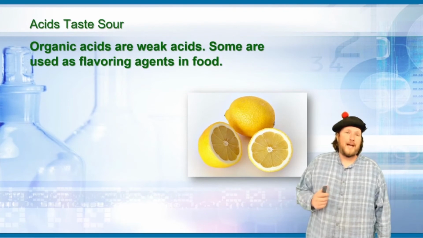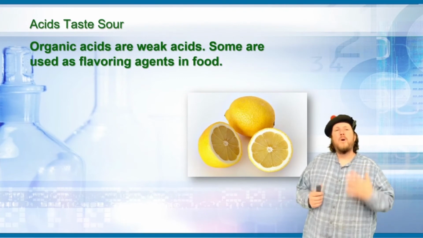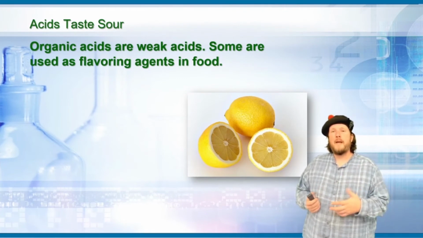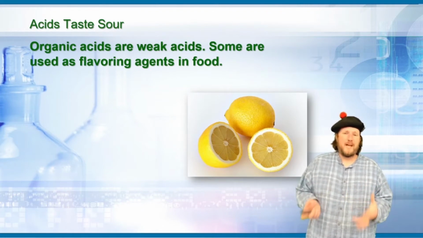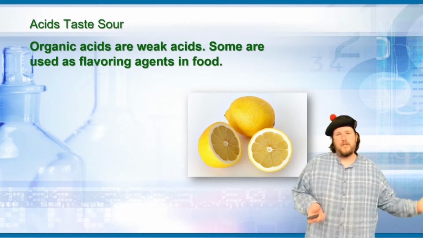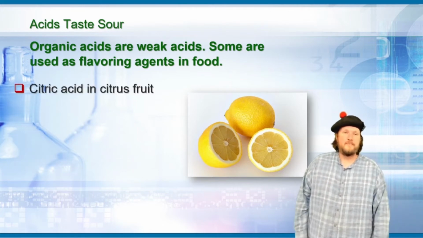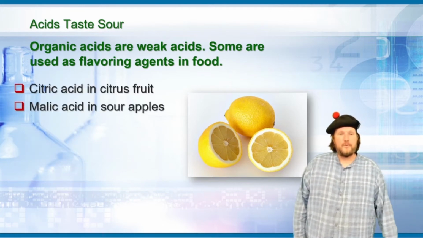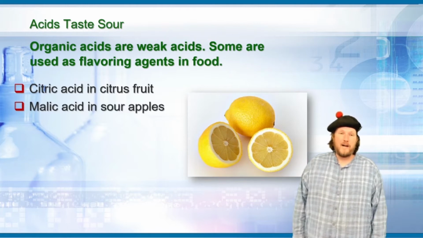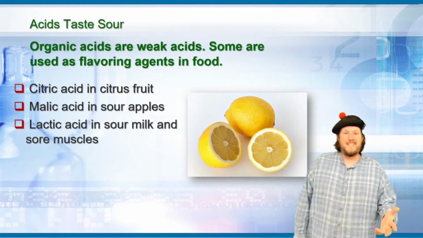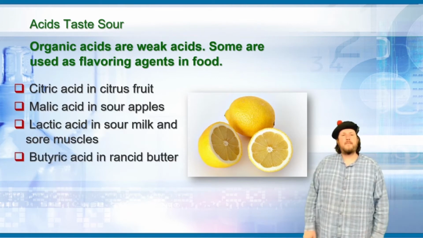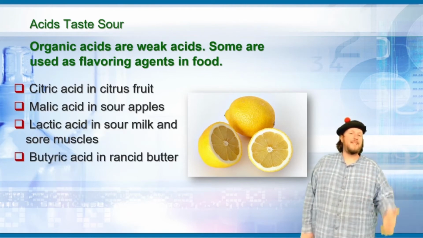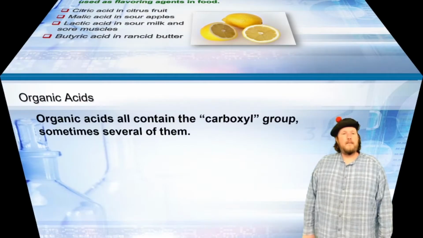Acids taste sour. Organic acids are weak acids, and a lot are used as flavoring agents in food, but they're also naturally occurring in things like lemons, oranges, and most fruits. Citric acid is in citrus fruit, malic acid is in sour apples, lactic acid is in sour milk, and butyric acid is in rancid butter and vomit.